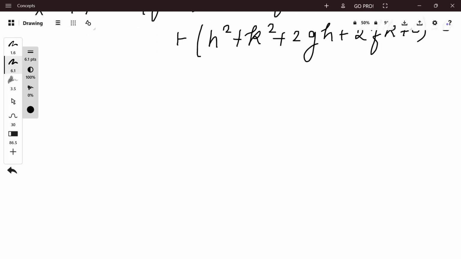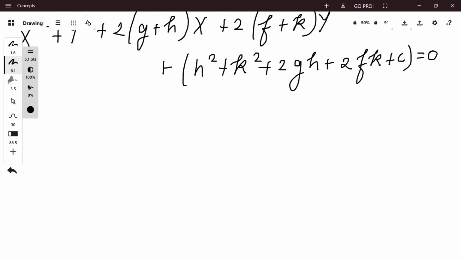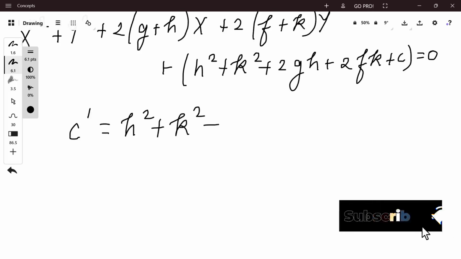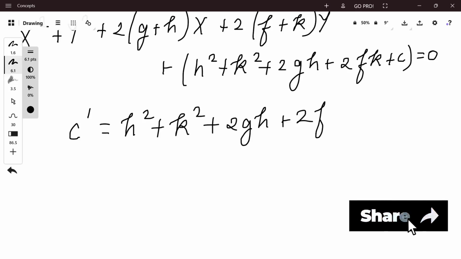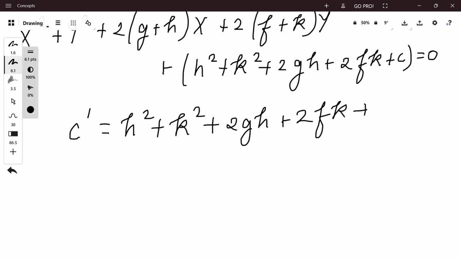Let the new constant term c dash be equal to h square plus k square plus 2gh plus 2fk plus c.